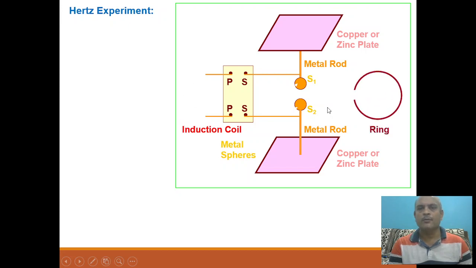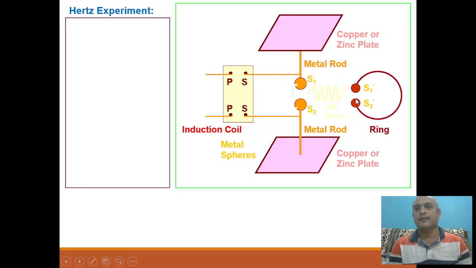At a certain frequency he got a spark between these two spherical balls, with a certain geometry and a certain distance between them, and a propagation of EM waves would travel a certain distance, and he could detect these waves with the help of a loop attached to the same type of spheres. There he got a spark in the loop across the gap between the two electrodes. So this is the Hertz experiment.